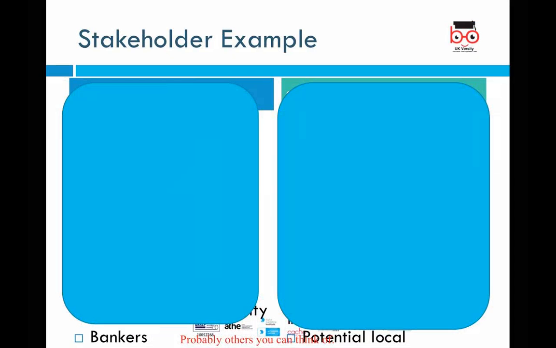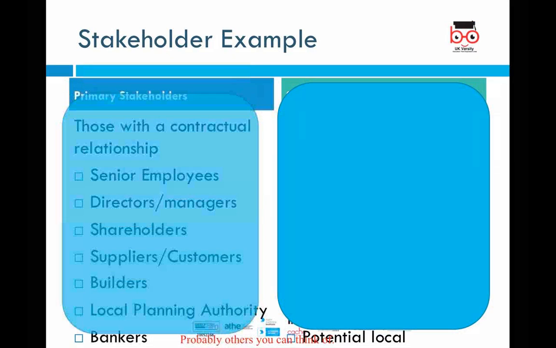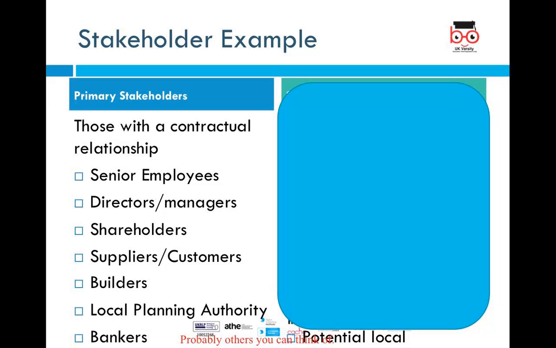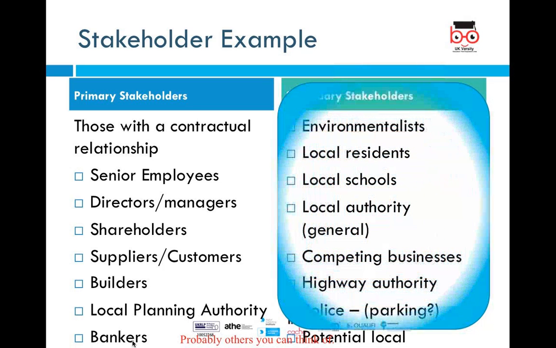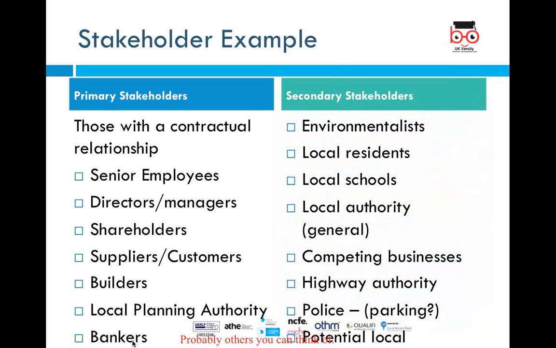So there are two types of stakeholders in the business, normally the primary and the secondary. The primary stakeholders are those with a contractual relationship with the business, for example, senior employees, directors, managers, shareholders, customers and suppliers. They have a contractual legal agreement with the business. Builders, the local planning authority, because we need to pay tax to the government, and bankers. There is a lending and borrowing relationship with the business. Those are the primary stakeholders of the business.